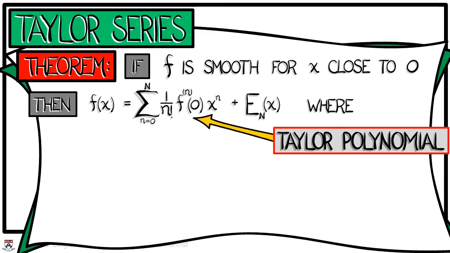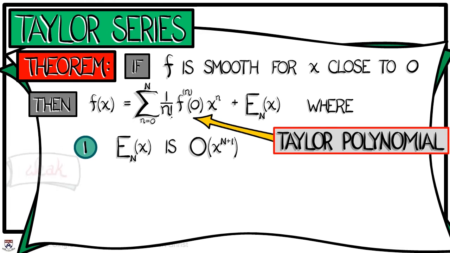But here, the error term, e sub n, is a function of x and not a constant. So what can we say about that error function? Well, the first thing that we can say is that e sub n of x is in big O of x to the n plus 1. That's not too surprising.